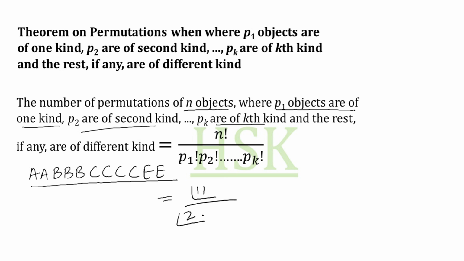Here we have written 2 factorial because A is repeated 2 times. Again we are going to divide it by 3 factorial because B is repeated 3 times, 4 factorial because C is repeated 4 times, and 2 factorial again because E is repeated 2 times. So this is how we are going to apply this formula or theorem to our practical problems.